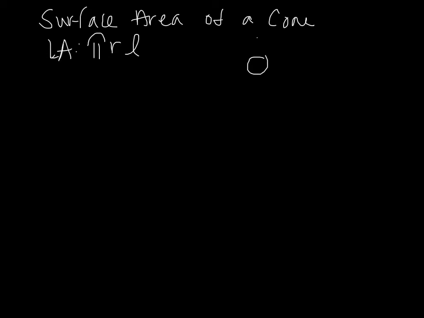Here's my cone. It has one of our vertexes here. So this would be our L right here, this height. That is L, the length of one of the lateral sides. Okay, and then we need to do our surface area, which would be to find the lateral area plus the base.